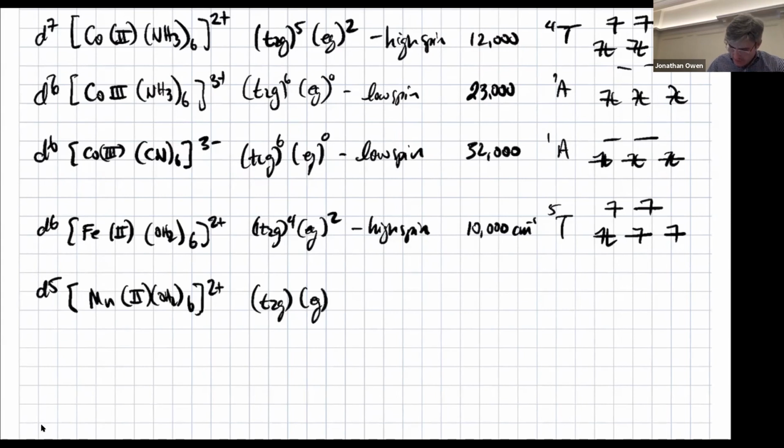Is this one going to be high spin or low spin? D5, 3D transition metal, weak field ligands, definitely high spin. You get 5 unpaired spins. That's a lot of exchange. Most of the time, manganese is going to go for high spin.